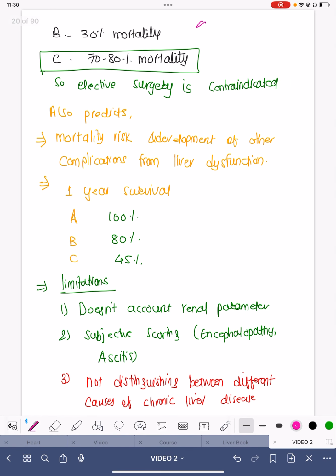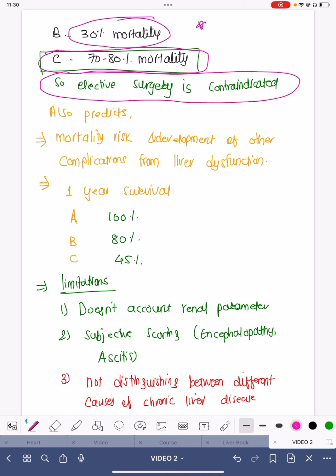If the Child-Pugh score is B, then the chances of mortality will be around 30%. And if the patient has Child-Pugh score C, the chances of mortality after such abdominal surgery or major surgery or a portocaval surgery will be very very high. It will be around 70 to 80%. So elective surgery in Child-Pugh score C should be contraindicated or should not be done.